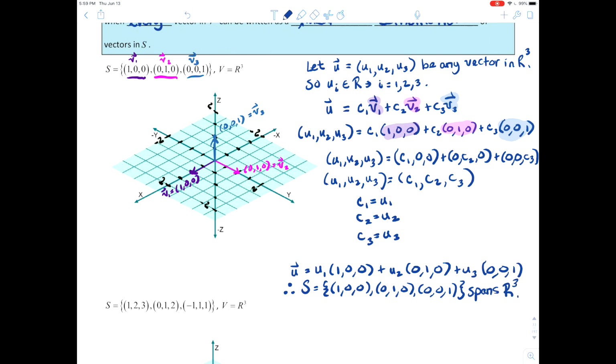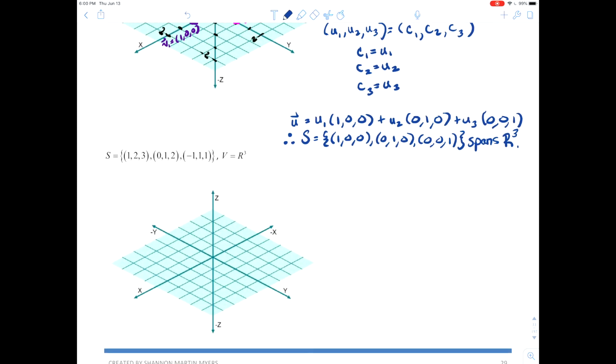Cool, cool? So you can get any single vector in R3 by using a linear combination of these three vectors, 1, 0, 0, 0, 1, 0, and 0, 0, 1. Super powerful stuff. Cool, cool?